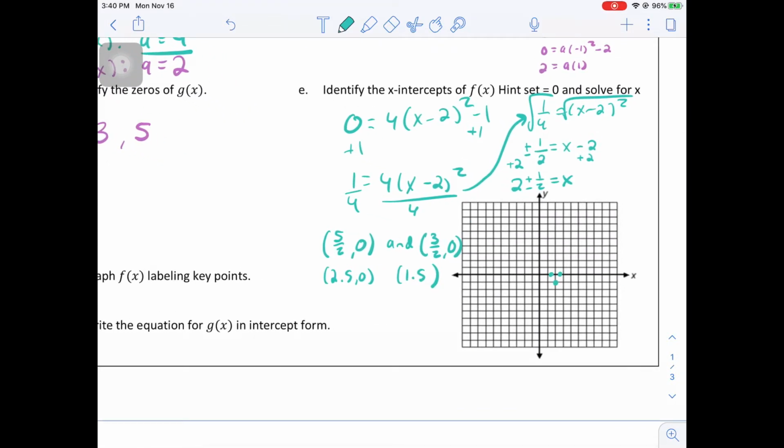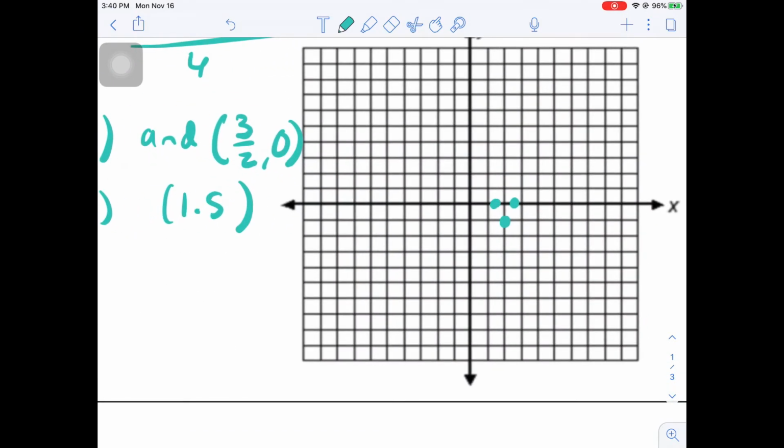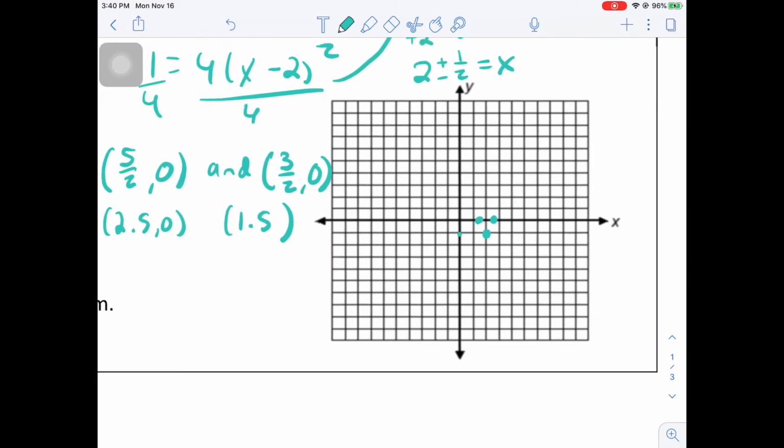So why not find where we cross the y-axis, or we can just count, right? We go to the left 2. So normally that would be up 4, but multiply by 4, that's going to be 16. So we're actually off the graph here. 16's up there. Okay, we're good with 3 points.